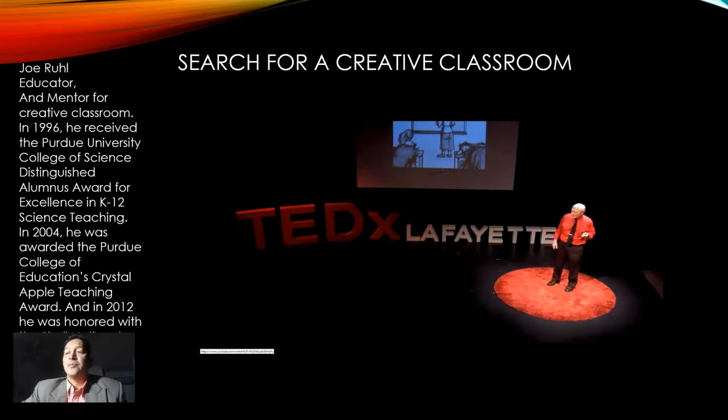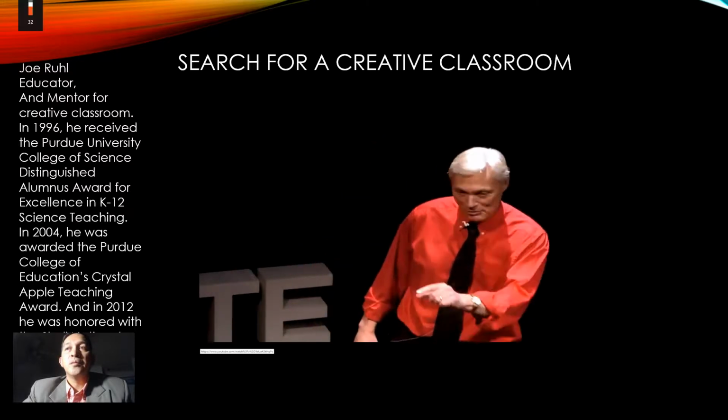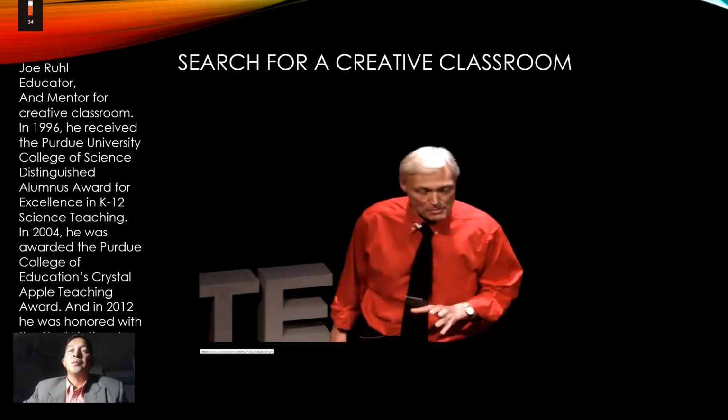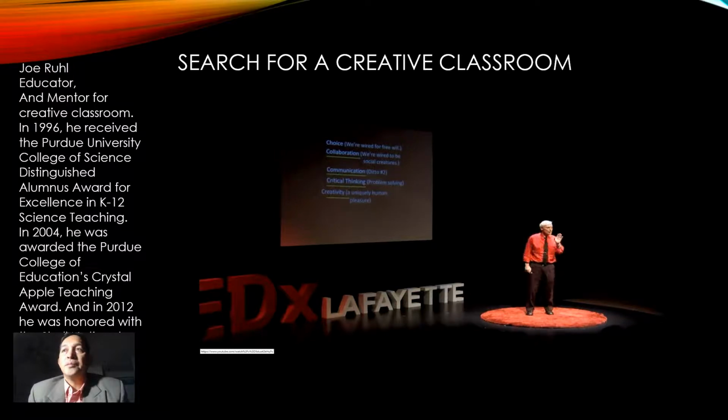So I was thinking, what really inspires? Years ago, I was doing lunch duty at school, standing in the lunchroom, being visible, watching kids go through the cafeteria line. And as I watched the kids going through the line, it occurred to me, they love having choices. And so I said to myself, maybe that would work in the classroom. Let the kids have choices. And so that's what I did.